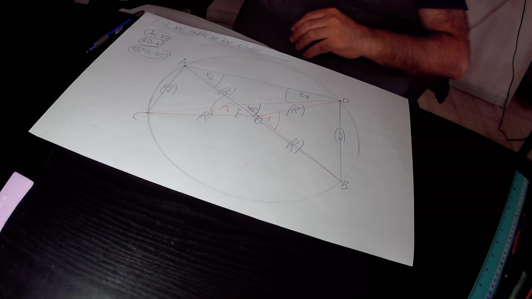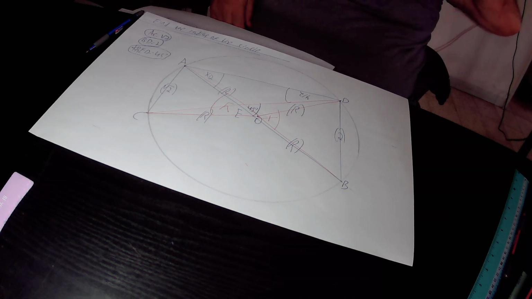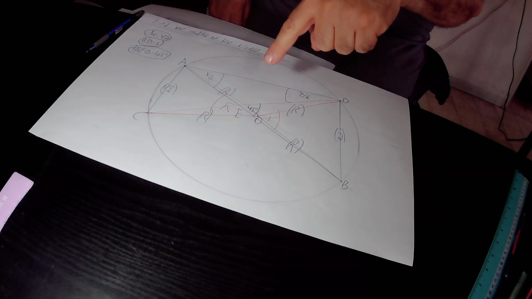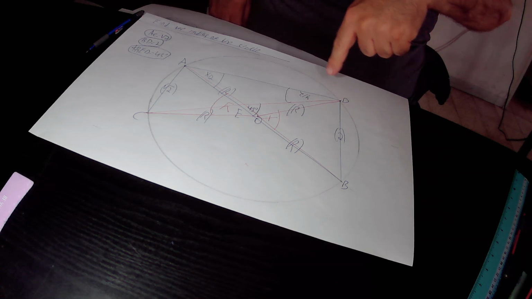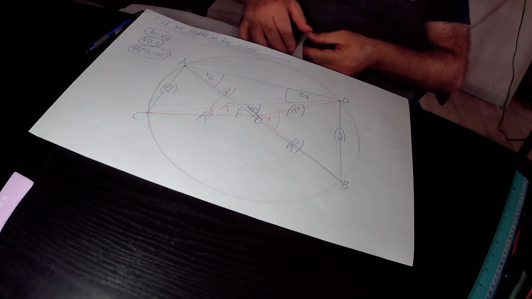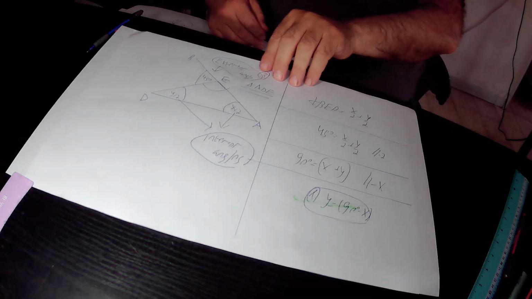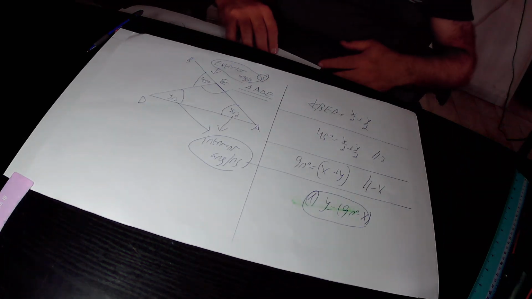In the next step, I copied triangle EDA in the new page and implemented rule 4 on this triangle EDA. So actually, this is triangle EDA that comes from the original drawing.